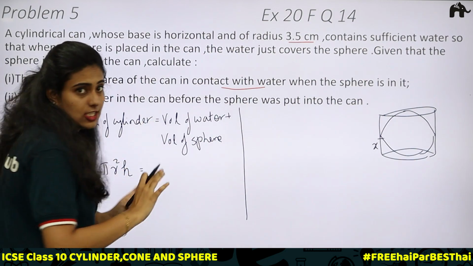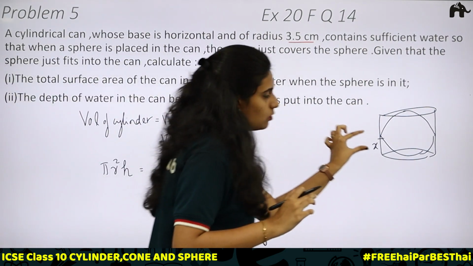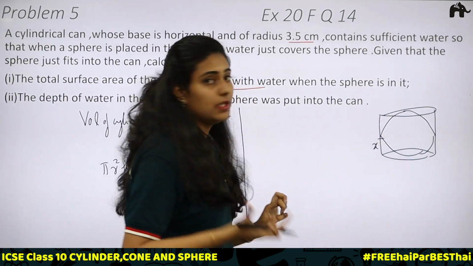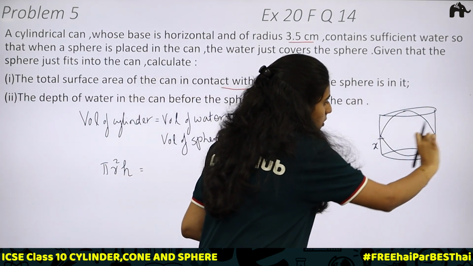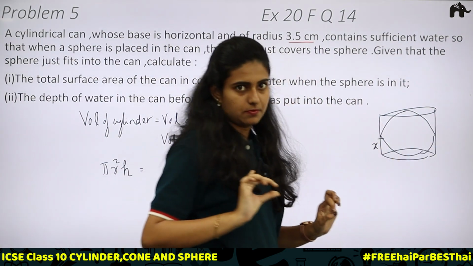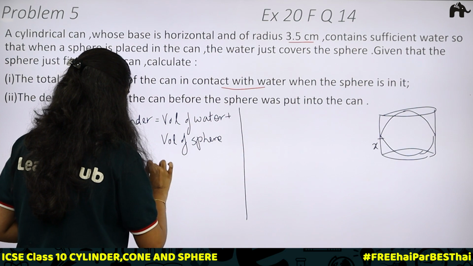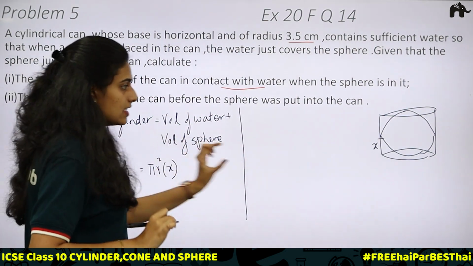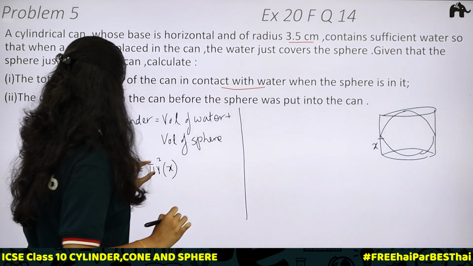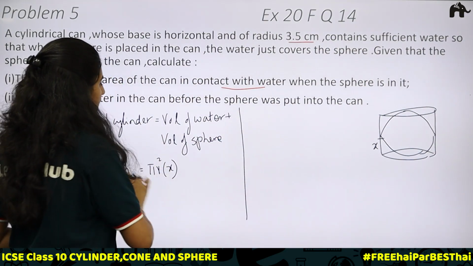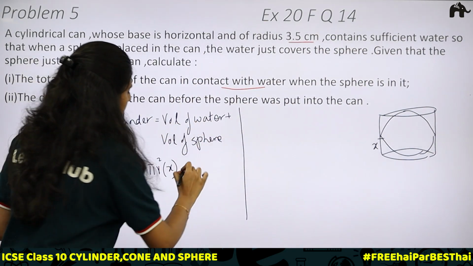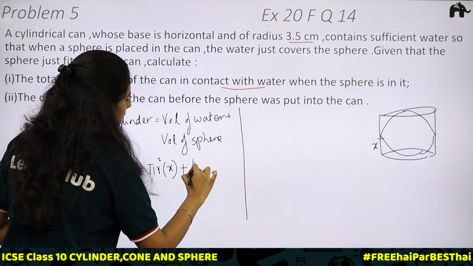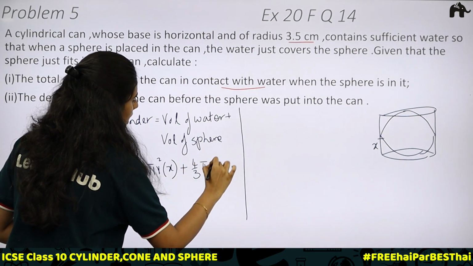You have to take the initial case, when only water was present: the volume of water up to a height of x will be pi r square into x. Then the volume of sphere will be 4 by 3 pi r cube.